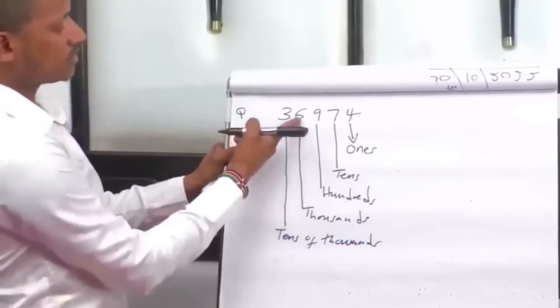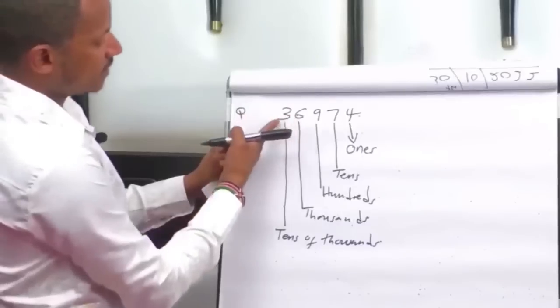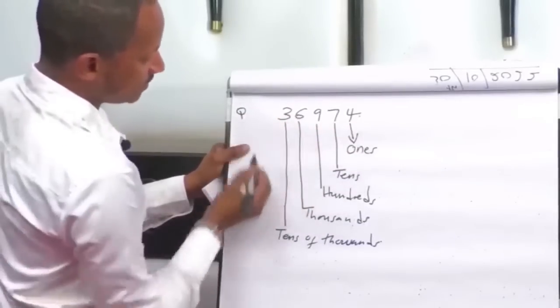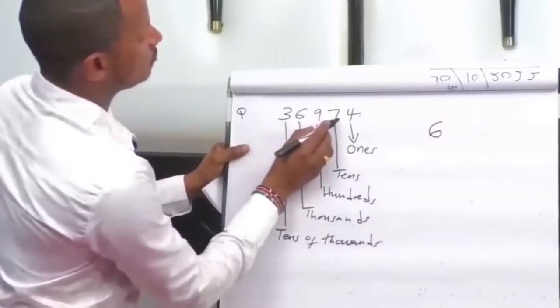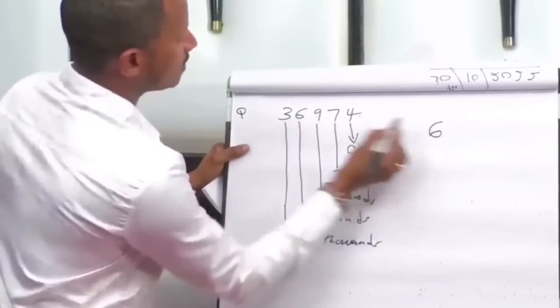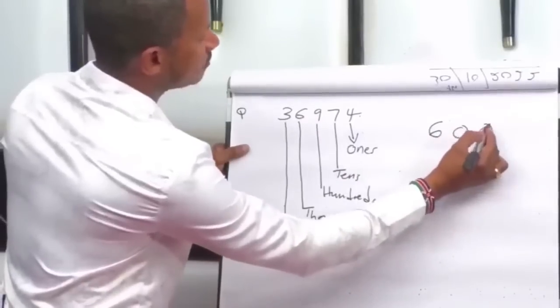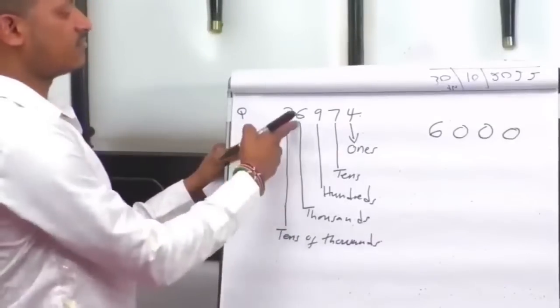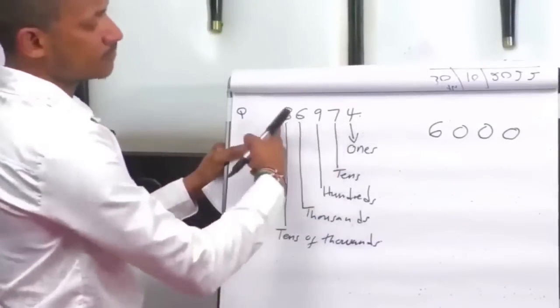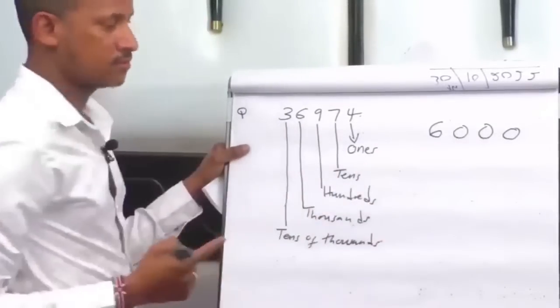So when we want to look at the value of 6 in this number, you just simply take 6, which is in thousands. So it is 6, then the other values are replaced with 0. Where there is 9, 0. Where there is 7, there is 0. And where there is 4, you put 0. Therefore, the value of 6 in this number is 6,000.